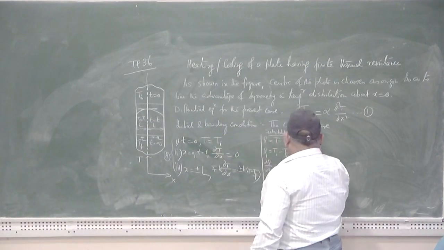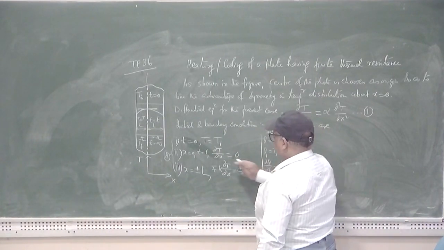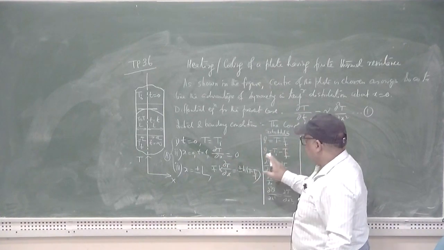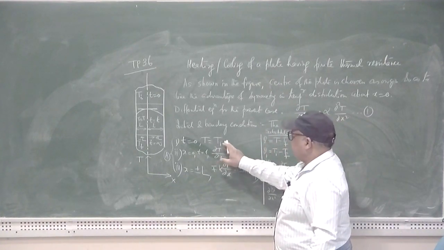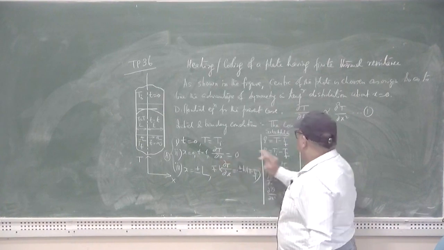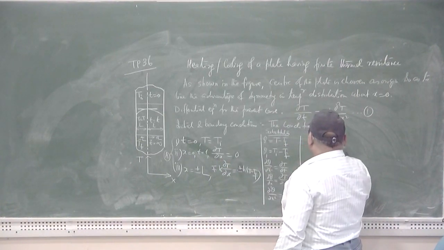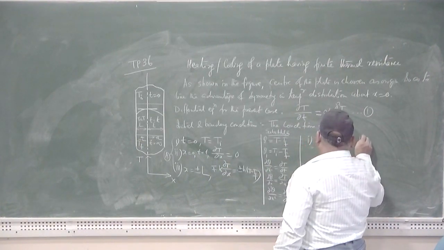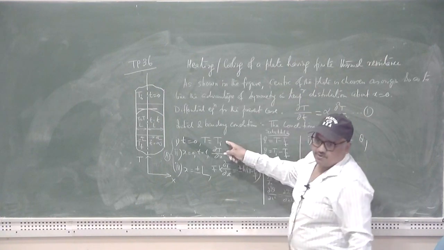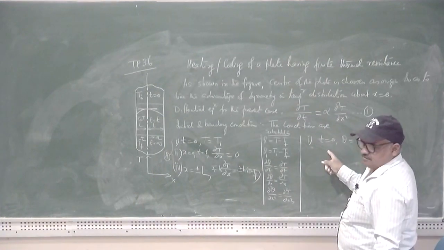Corresponding to condition number 1, T minus Tf should be equal to Ti minus Tf, Tf will get cancelled out. So, t is equal to 0, theta is equal to theta 1. The first boundary condition will transform in this manner.